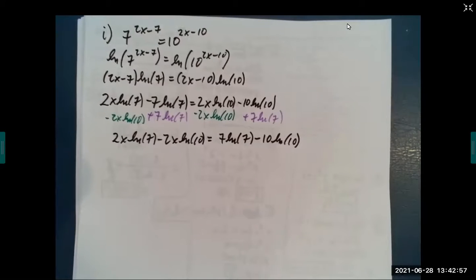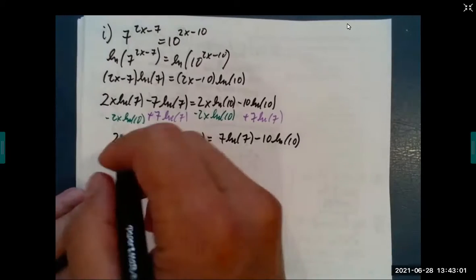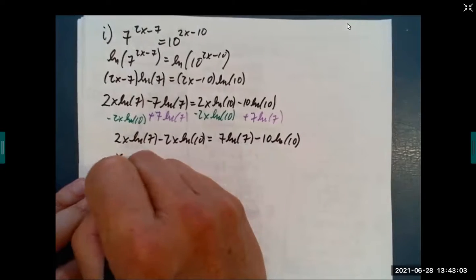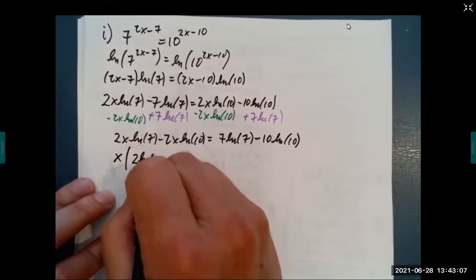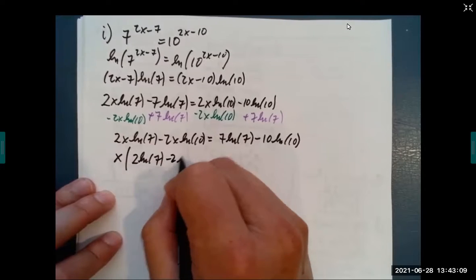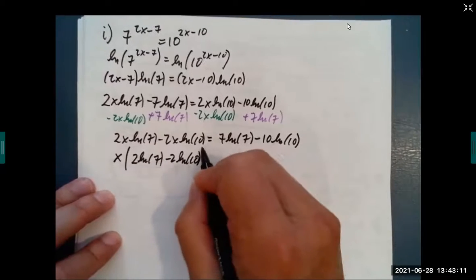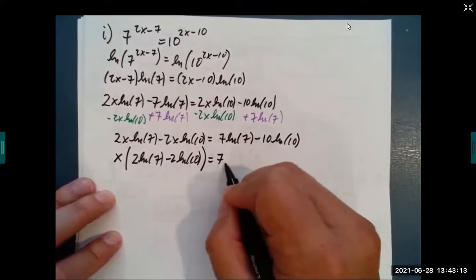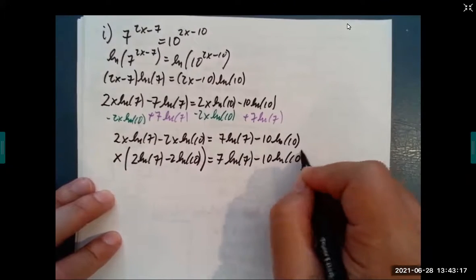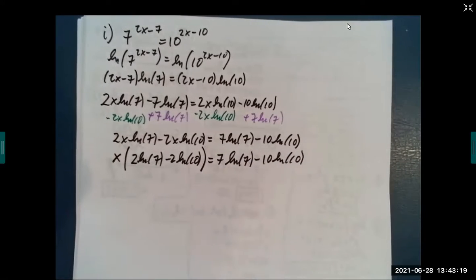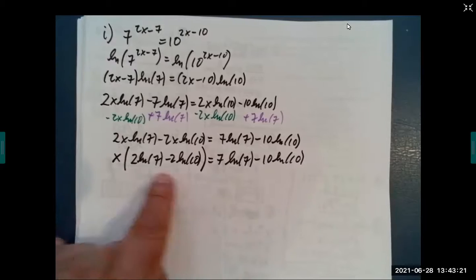All right, on the left side, I'm going to factor out an x. And now I'm going to divide all of it by that.